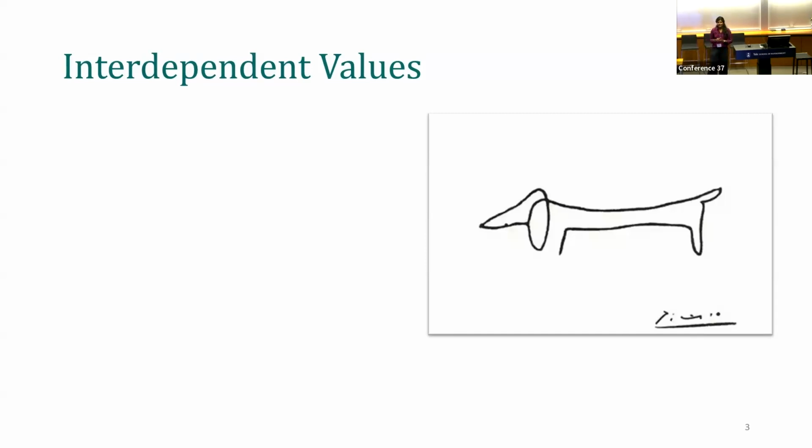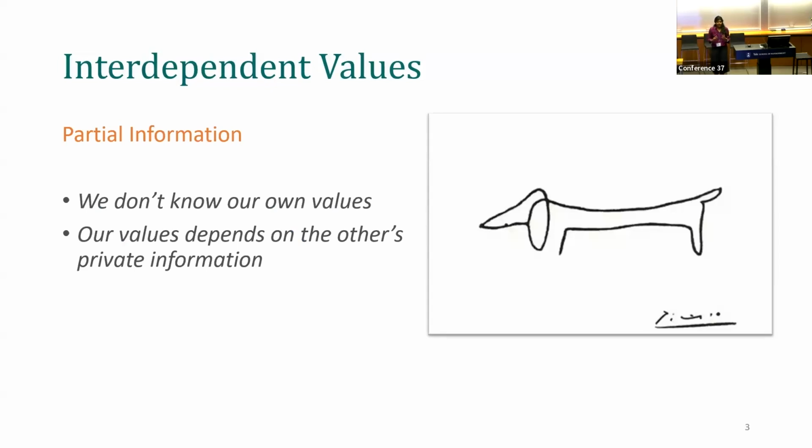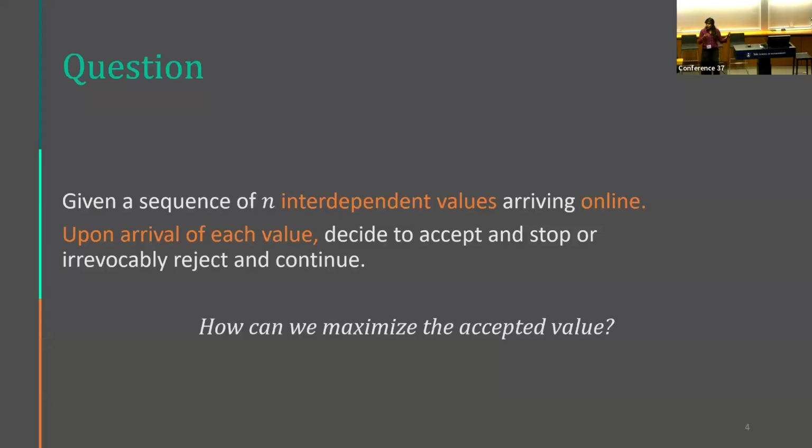So the point here is that we are faced with this additional challenge where the agents, when they arrive, may not even know their own value a priori because their values depend on others' private information, right? So we have this partial information setting that's coming from interdependence between agents' values. And these are exactly the two challenges that we are going to see together, both the online arrival challenge and the interdependent values.